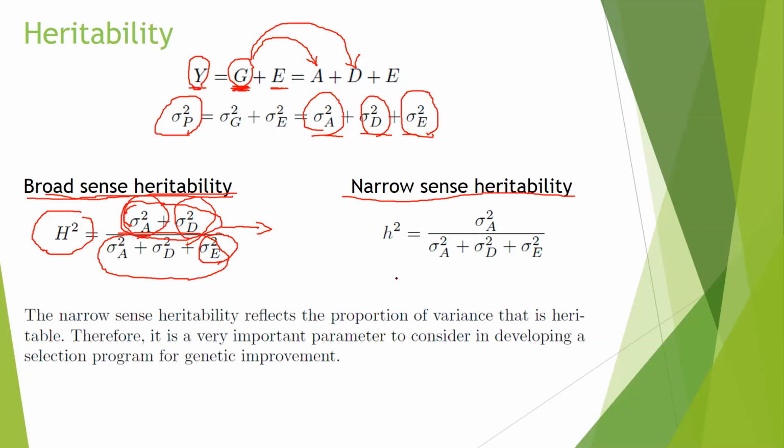So that's why in breeding programs or in quantitative genetics, we often use the narrow sense heritability, which is, among the total phenotypic variation, the proportion of the total variability that can be explained by the breeding value, the additive effects. Am I clear? Any questions?